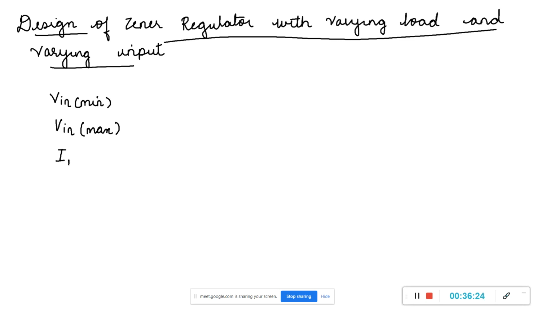Next we have IL max, the maximum value of the load current. Next IL min, minimum value of the load current. Next Iz max, maximum value of the Zener current. Iz min, minimum value of the Zener current. V0 is equal to Vz, that is the output voltage.